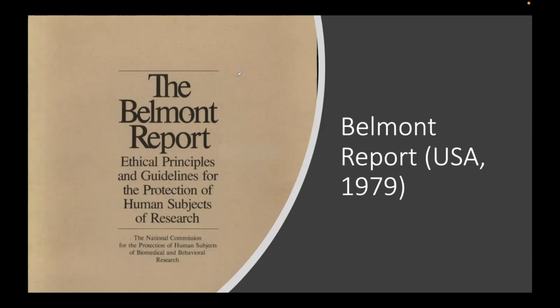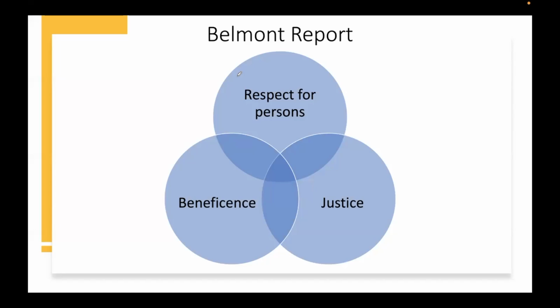So then came the Belmont Report, which is actually the ethical principles and guidelines for protection of human subjects of research. Now, these are the three core principles I want you to memorize regarding the Belmont Report. So we have respect for persons, we have beneficence, then we have justice.